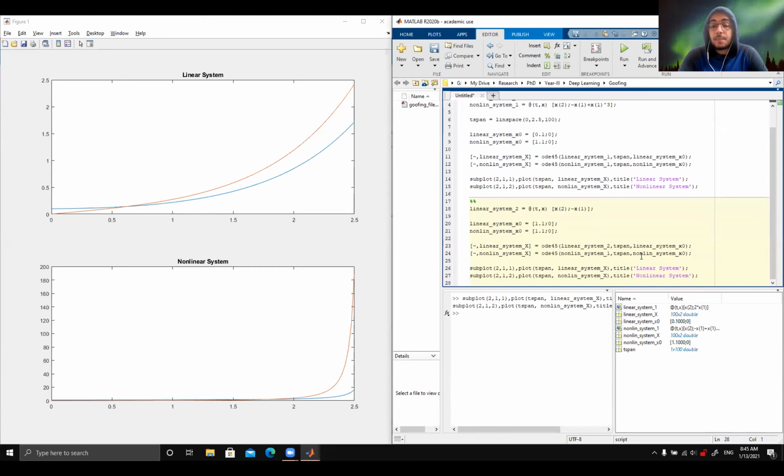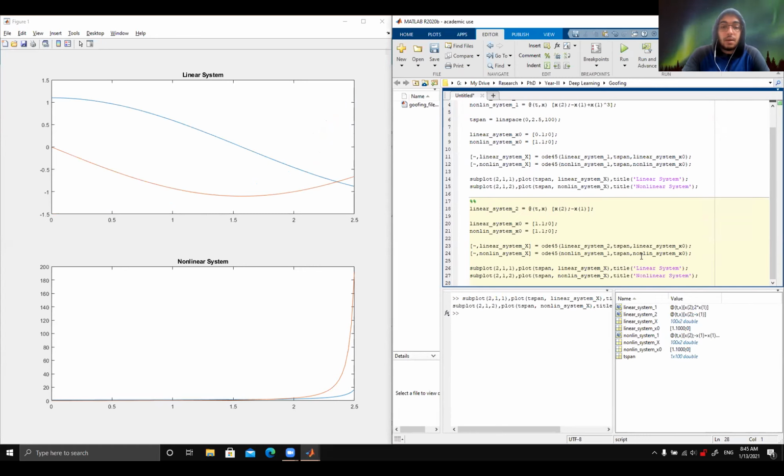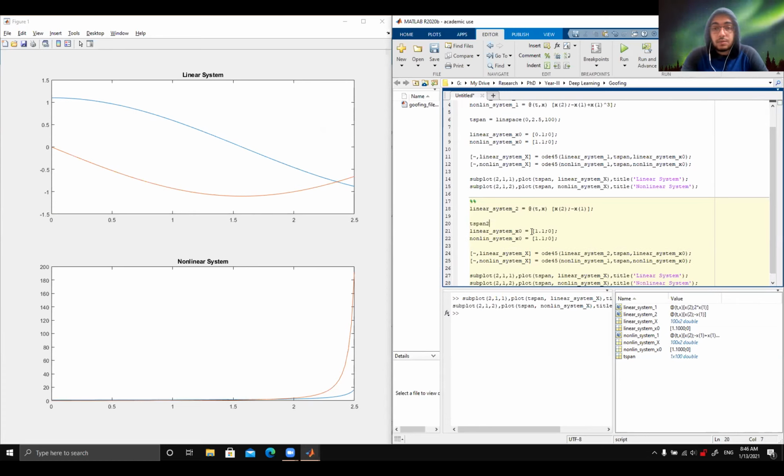Okay, so if we run this, we see that we can continue the linear system for a very long time. Let me do it here. Let's see, tspan 2 is equal to linspace from 0 to 20 seconds with 1000 entries.